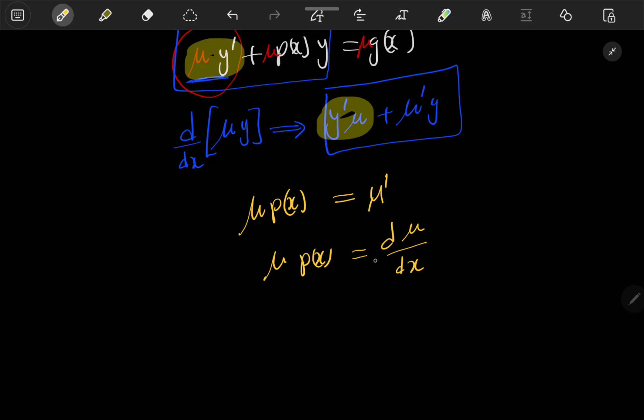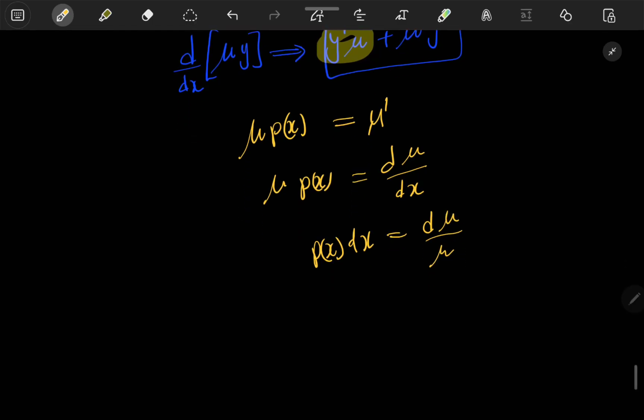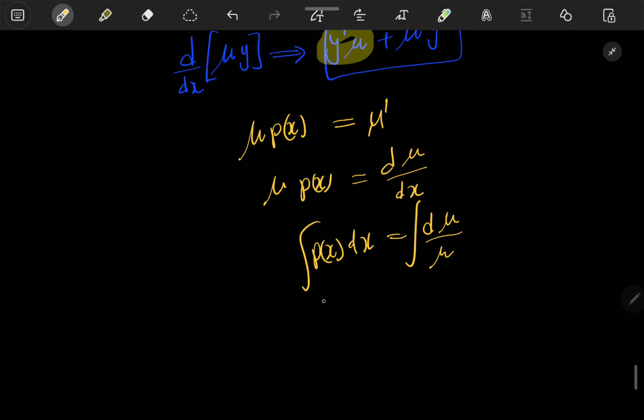And this is separable now. We can take dx to that side. I have p of x dx is equal to d mu all over mu. Then I can integrate both sides, and I'll have the integral of p of x dx equal to ln mu on this side.